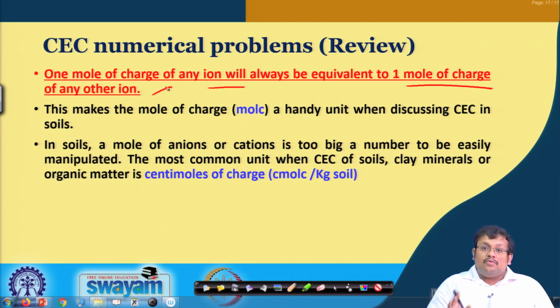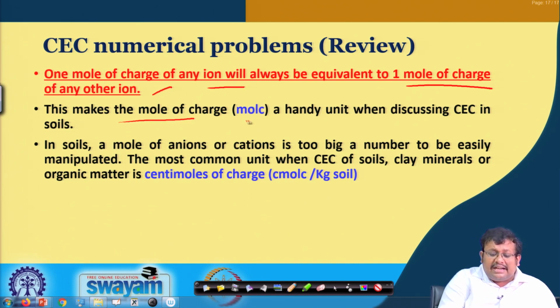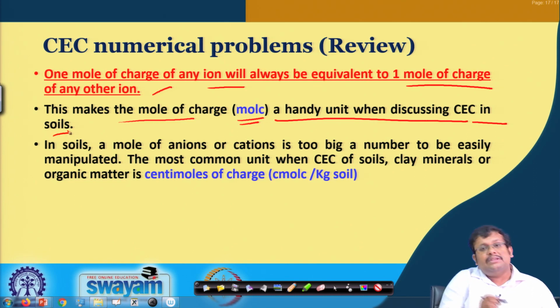Remember, I am talking about 1 mole charge, not 1 mole. So, 1 mole charge of any ion will always be equivalent to 1 mole charge of any other ion, irrespective of their valency. This makes the mole of charge, that is molar charge, a handy unit when discussing the cation exchange capacity in the soil.